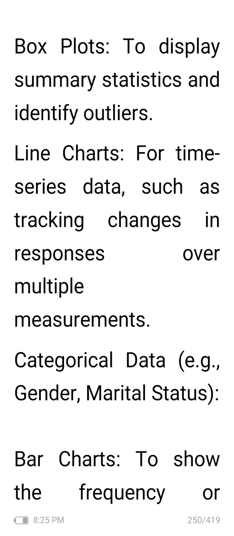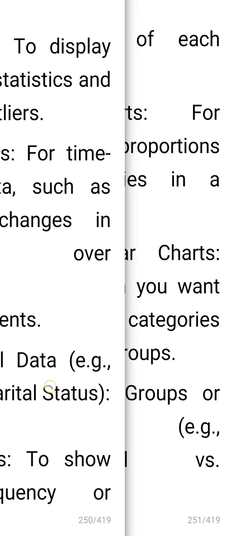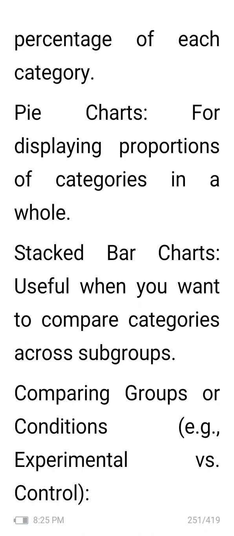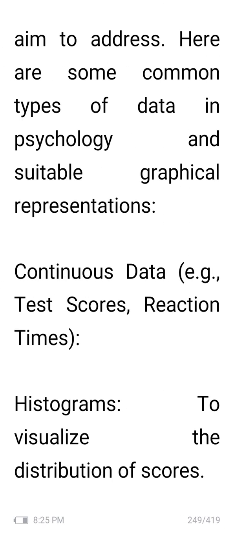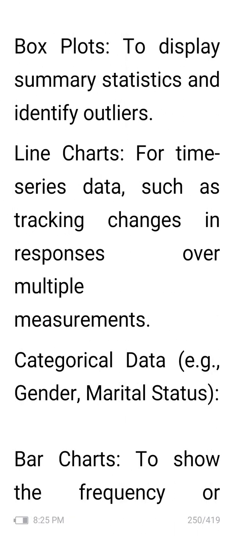Then categorical data, for example, gender, marital status, etc. Then bar charts to show the frequency or percentage of each category. Once again, I'm going to read this. Histograms are used to represent continuous data. Then box plots to find outliers and summary statistics.